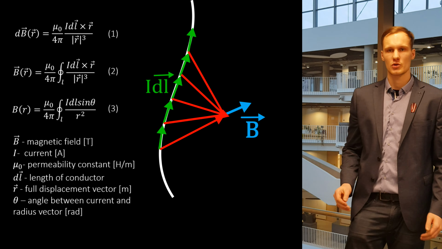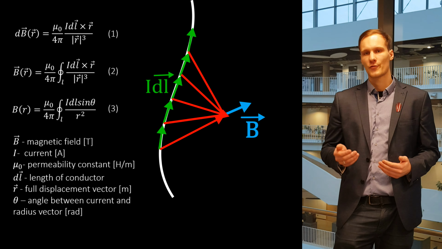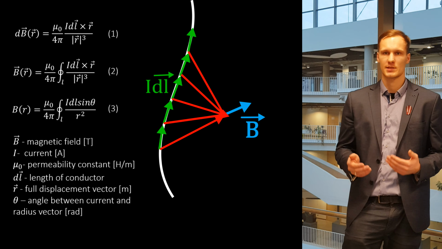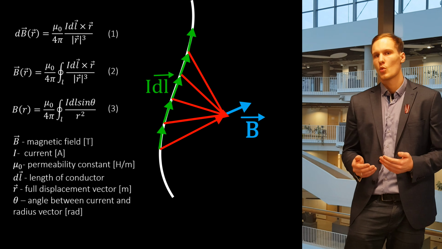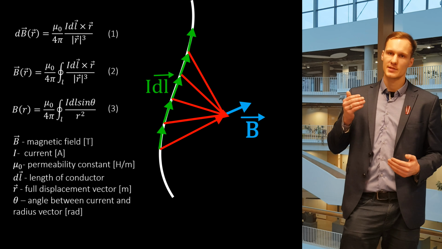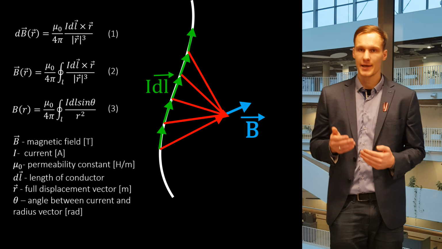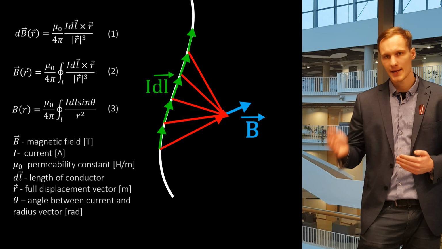One simplification of this formula that's often used is shown in expression number 3. There, instead of a complicated cross product of dl and r, we have a simpler term: dl times r times sine theta. Here we have to know the angle between the vectors, which is defined as theta.